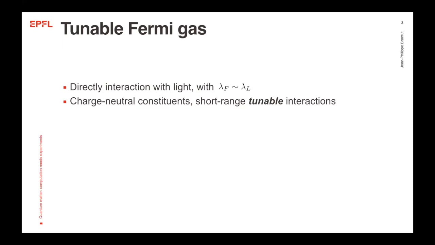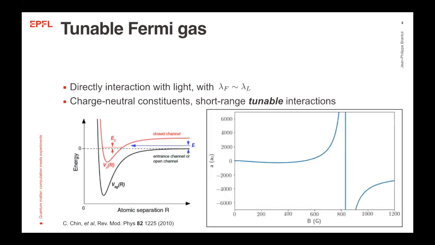Atoms are complicated particles, they are composite, they have a lot of internal degrees of freedom, and as a result, the molecular structure that we get for the two-atom problem can be controlled by external fields. And typically what we do is we place atoms in an external magnetic field that has no orbital effect because the atoms are actually neutral, but what it does is it shifts the molecular structures around. And using this, we can create scattering resonance by bringing one molecular state very close to dissociation threshold.